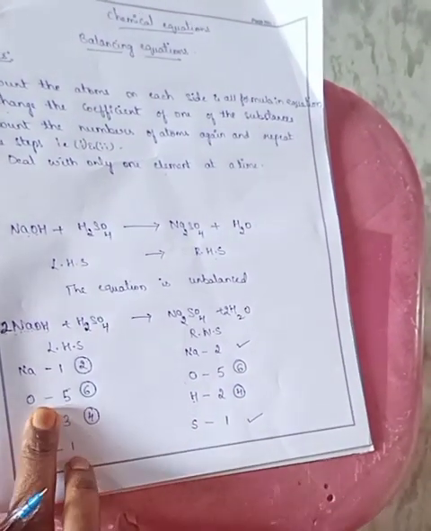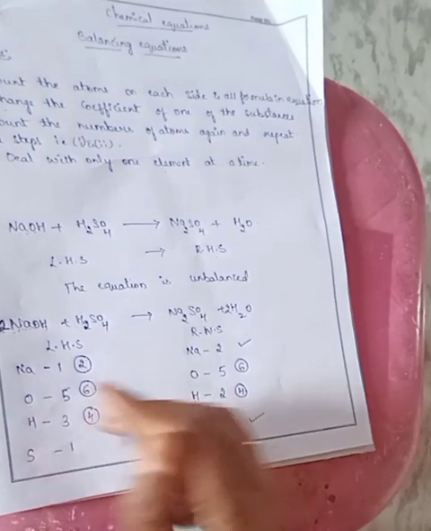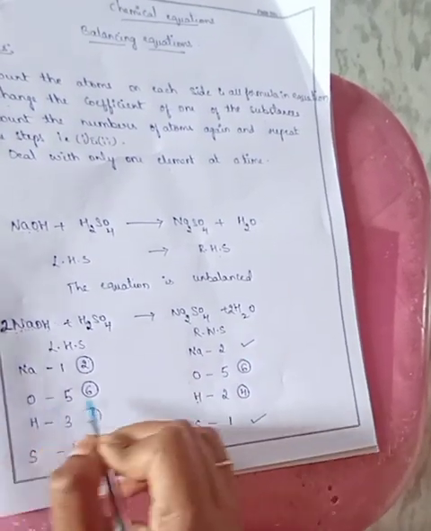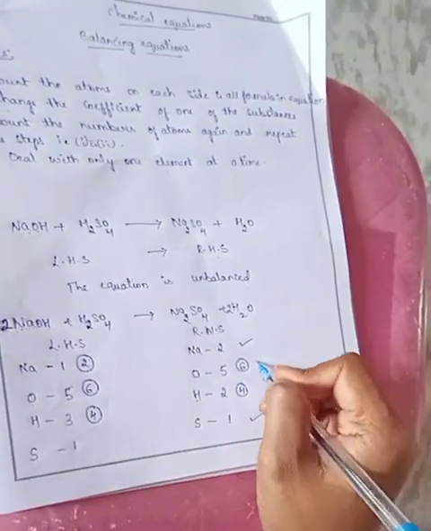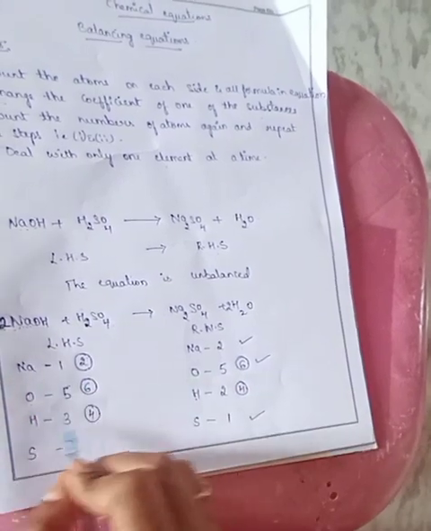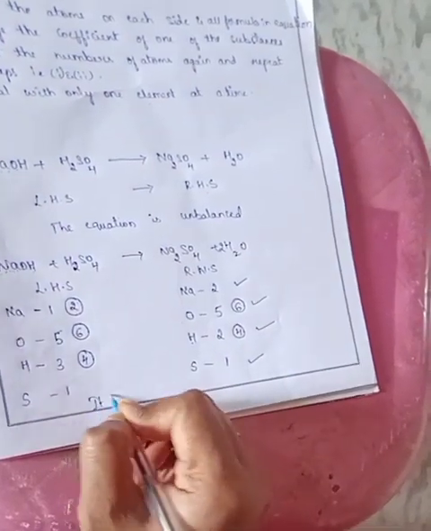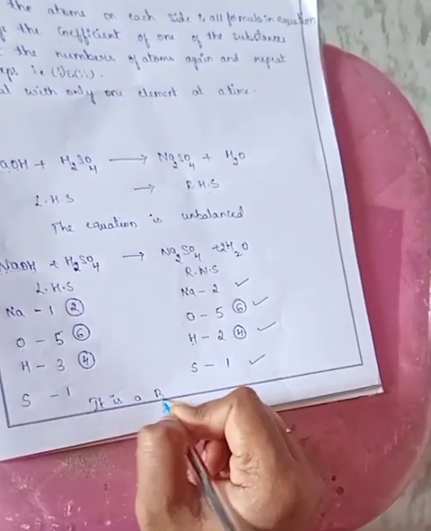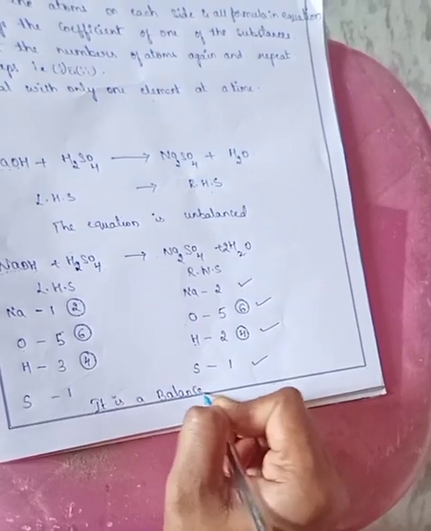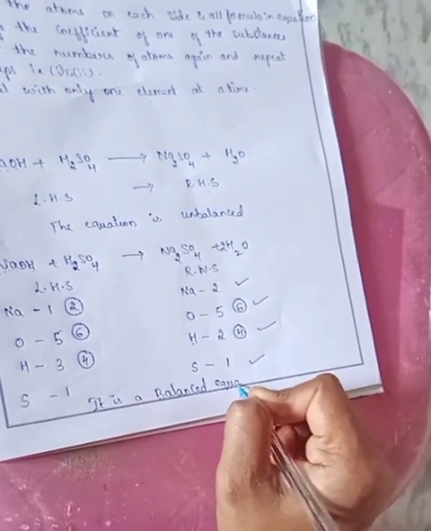Now check with the LHS. LHS sodiums are 2, balanced. Oxygens LHS 6, RHS 6, balanced. LHS hydrogens 4, RHS hydrogens 4. This is balanced. Now you can write it as a balanced equation.